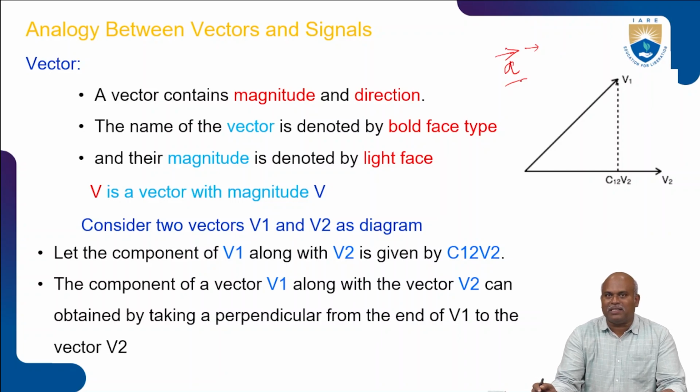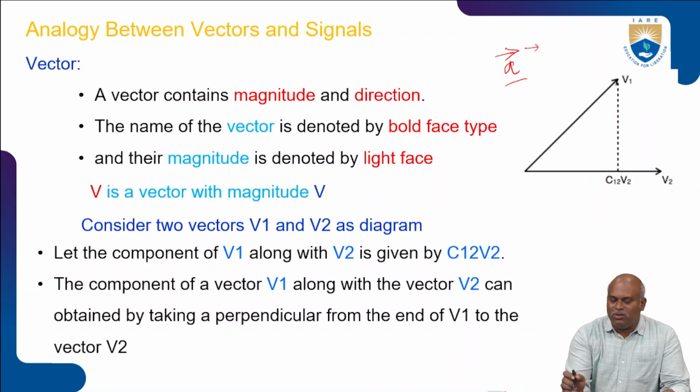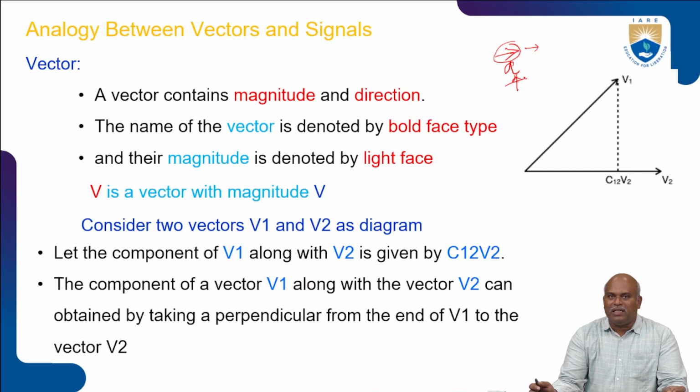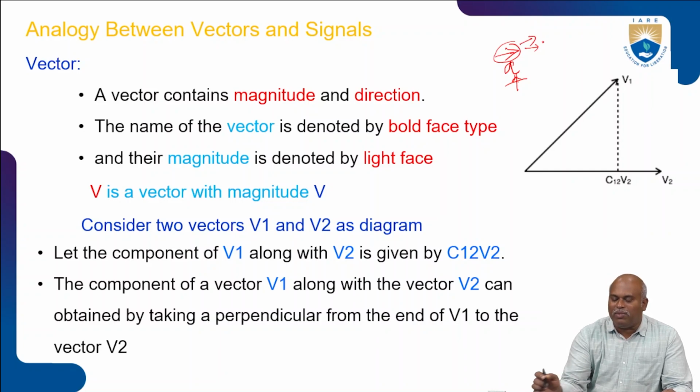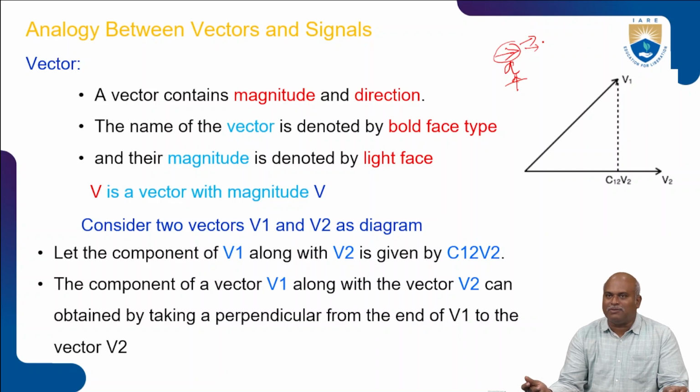Then A is represented as a magnitude value. So the direction is represented by the arrow mark and the magnitude value is represented as A. For explanation purposes, I take two vectors, V1 and V2. The arrow mark represents the direction.